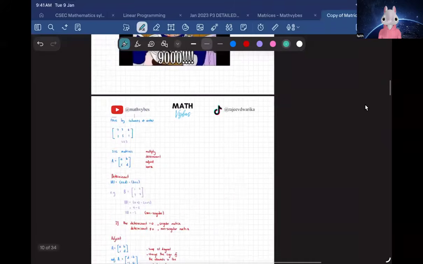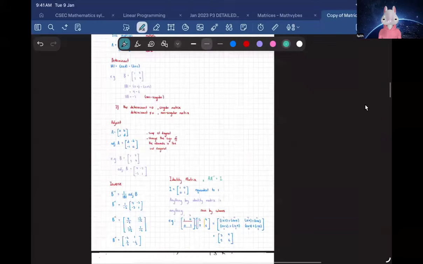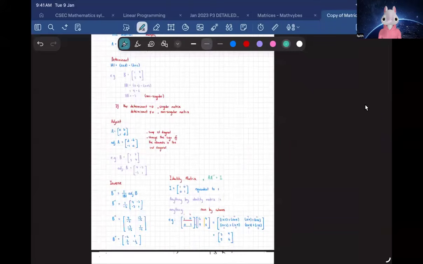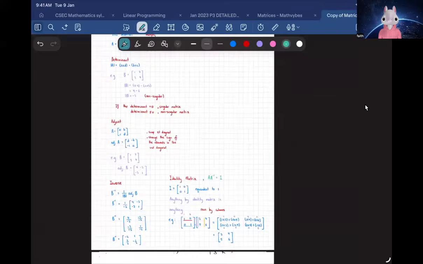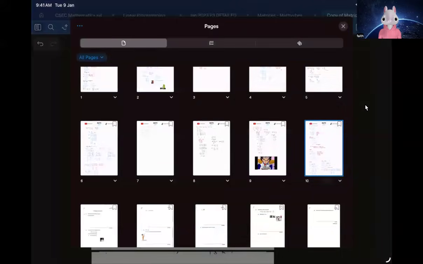Right, so believe it or not, you can now handle most matrices questions. So let's look at the other things you need to look at now.